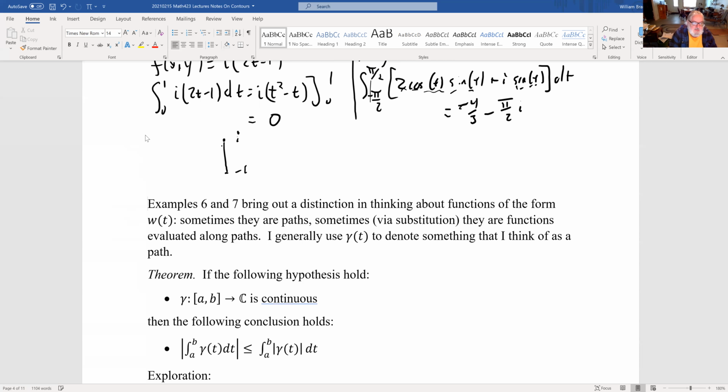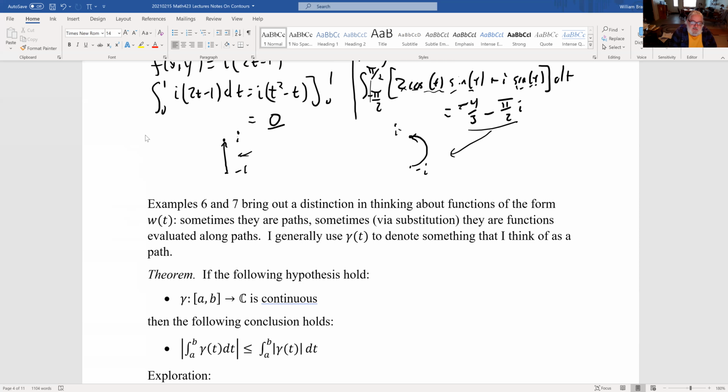And we had one path that went like this, minus i to i. And we had one path that went like this. And the integral of the function was 0 along this path, minus 4/3 minus pi over 2 i along this path. In general, how you get from one point to another influences what the integral is.